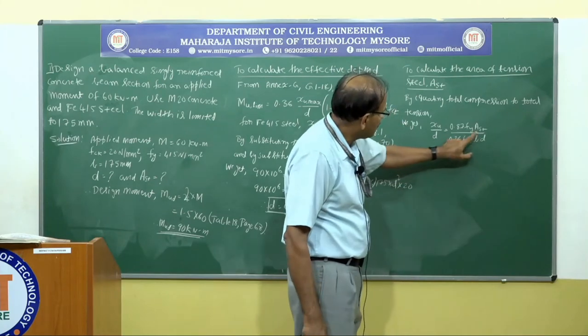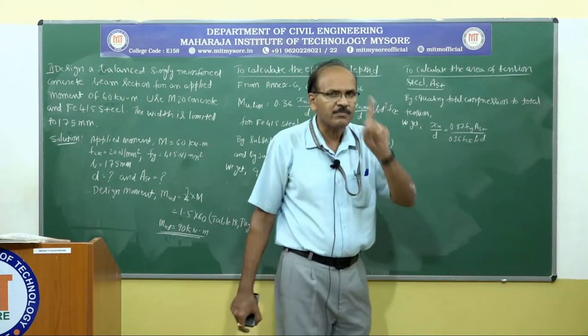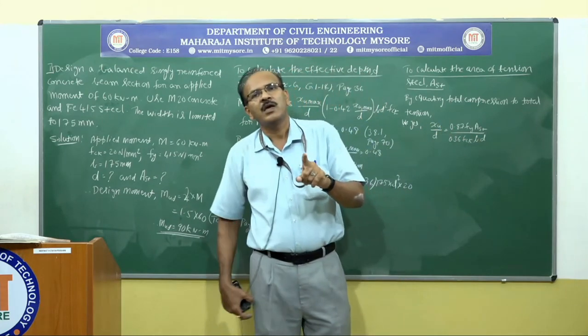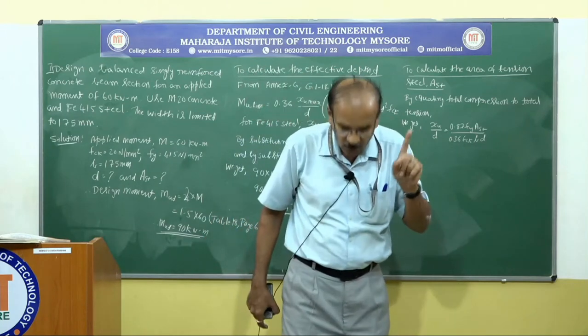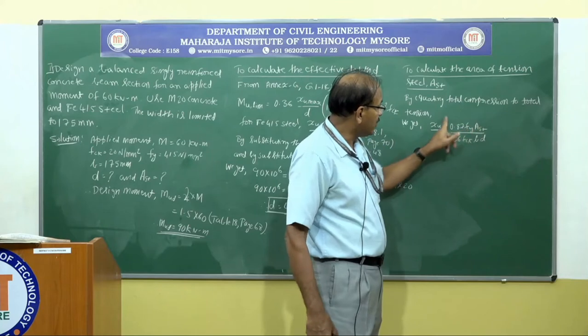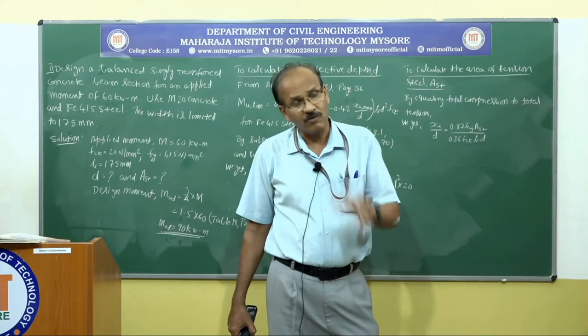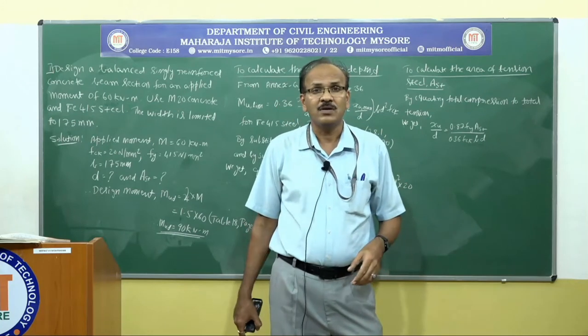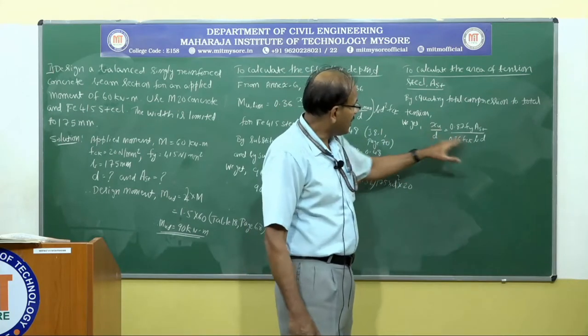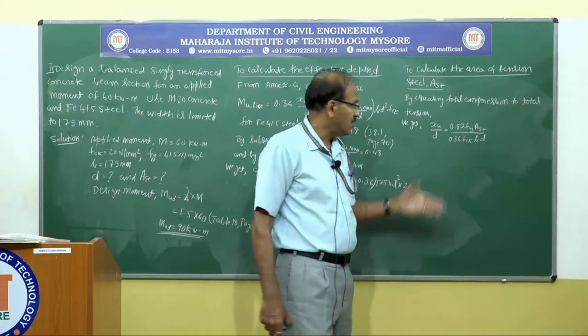This with XU is the total compressive force in the concrete in the compression zone, and this is the total tensile force in the steel, of course in the tension zone. By equating and dividing both sides by D, we are going to get this.